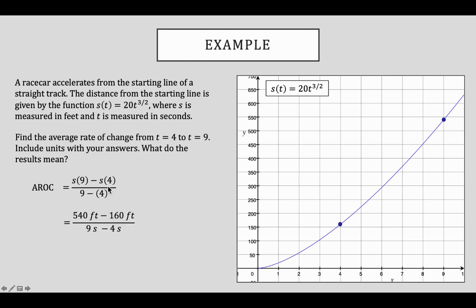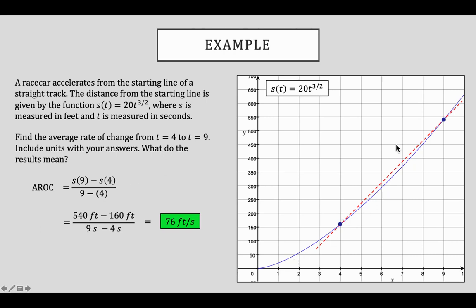So this becomes 540 feet minus 160 feet divided by 9 seconds minus 4 seconds. Again, remember, t is being measured in seconds here. Simplifying this down leaves us with our final answer of 76 feet per second. 76 is the slope of our secant line.